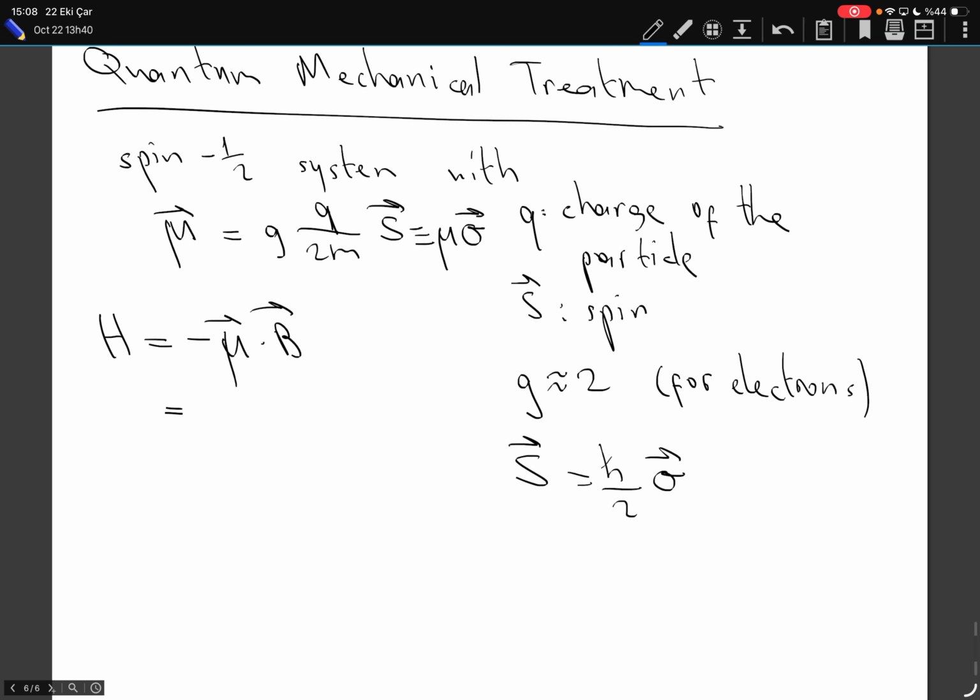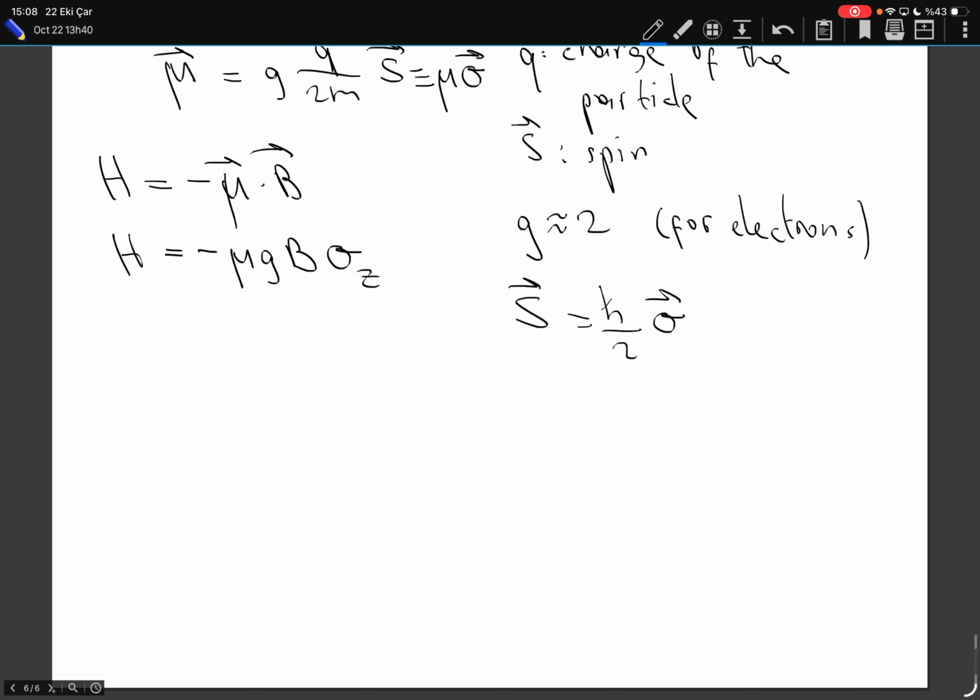I will take B in the direction of Z for simplicity, so this will be minus mu times G times B times sigma Z. This is H. And energy levels, my particle basically has two energy levels. This will be minus or plus mu G B.